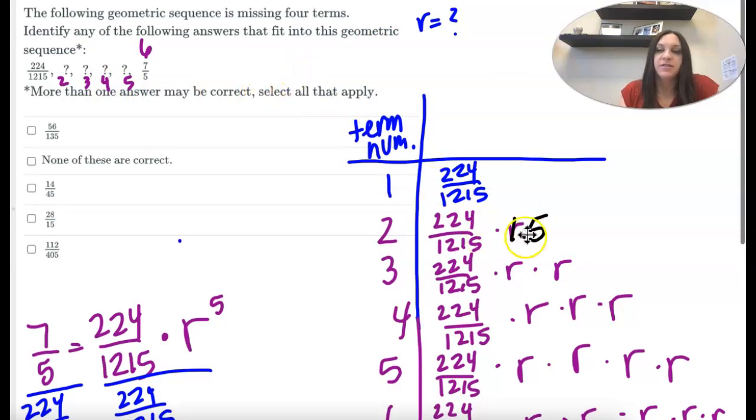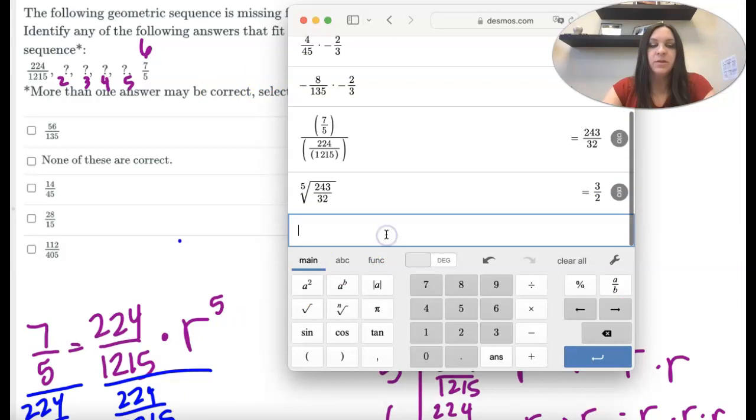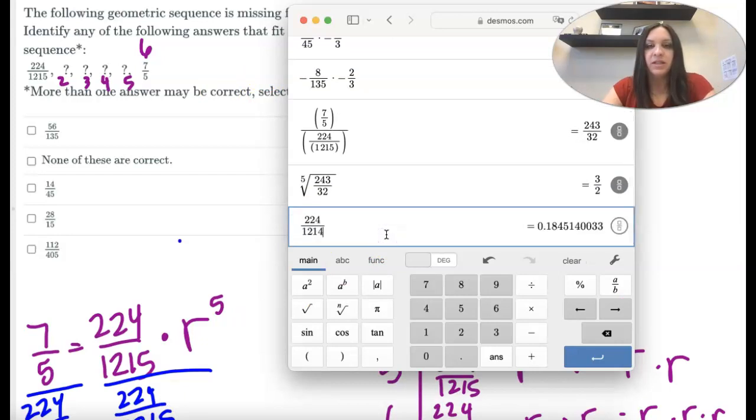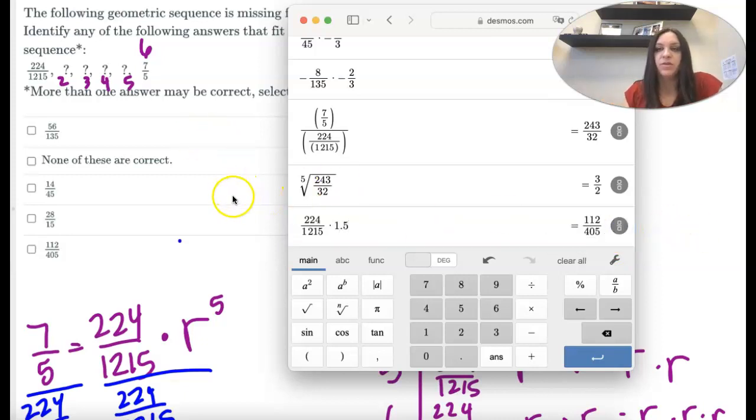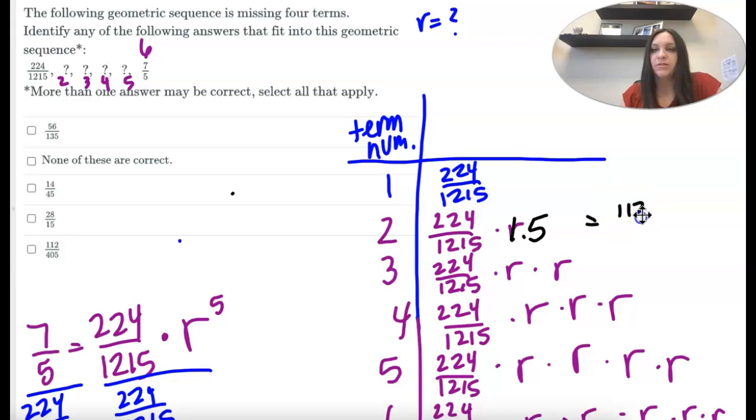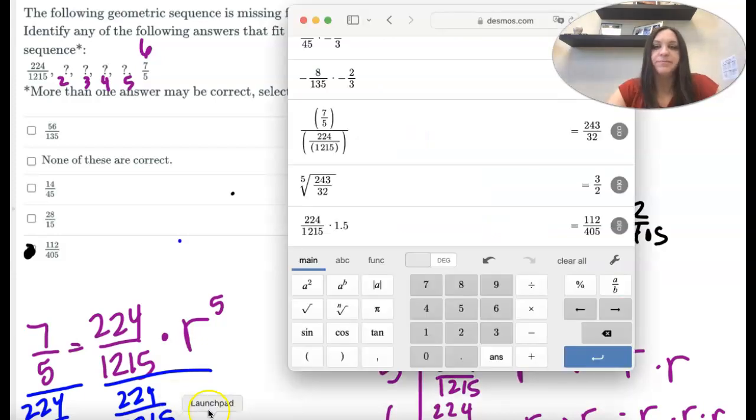Okay, so my second term would be 224 over 1215 times 1.5. So 112 over 405. That's the second term. The third term you would times by r again.